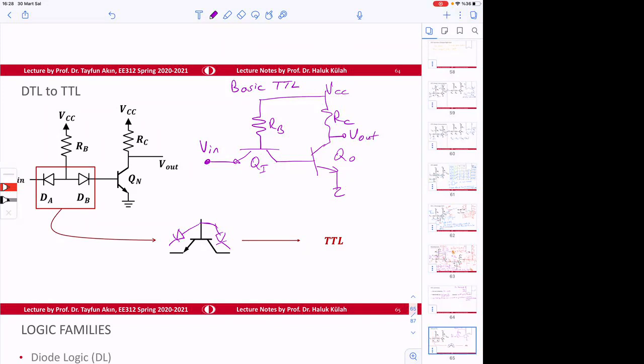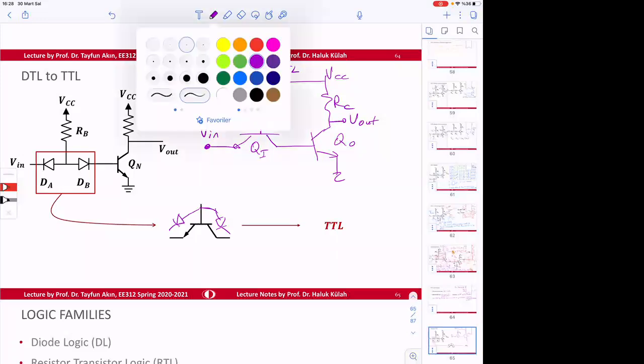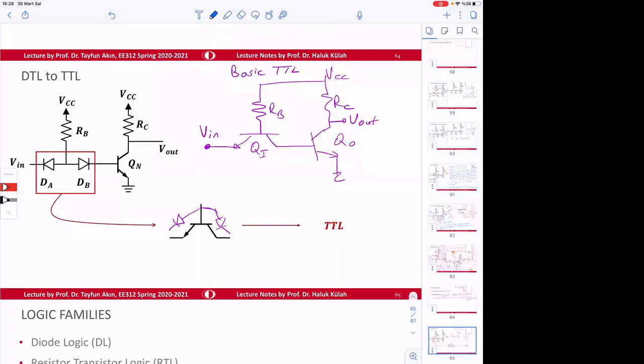So let's first look at this by itself. What happens if the input is, let's say, 0 volts? Okay. If the input is 0 volts, I'm going to write this thing with this color. So what is the state of QI? There's this junction and then this junction, right?